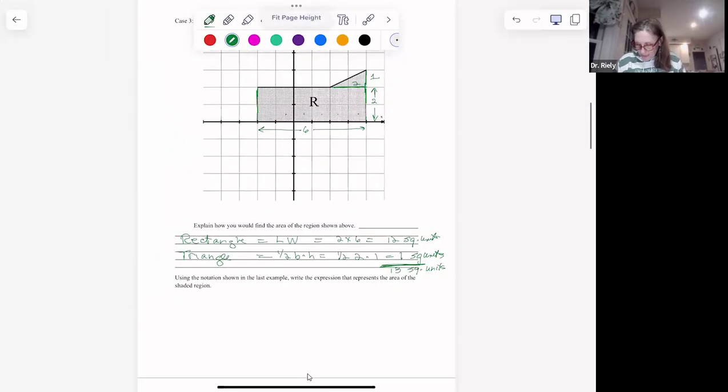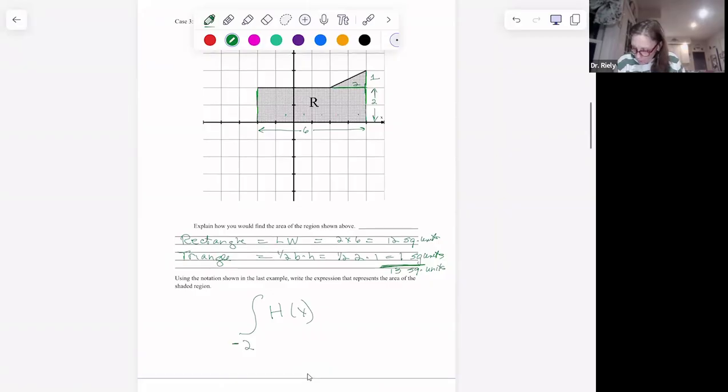In terms of this notation, since I don't just have a line that I can write out, I'm going to just call that function h(x). I do have endpoints. Now I have a negative. I'm going to run it from -2 all the way to 4.